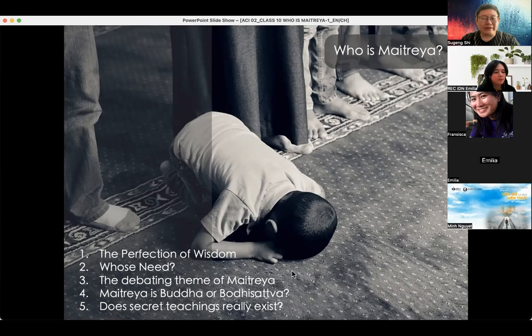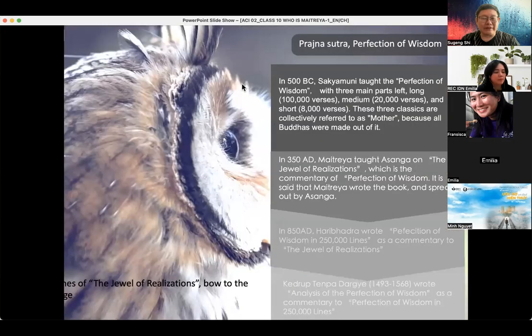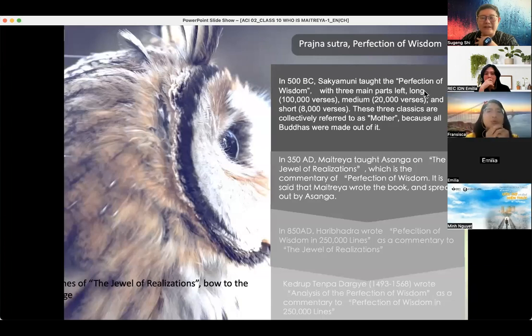Okay. So as we know, this book, The Perfection of Wisdom, was taught by Buddha Sakyamuni 2,500 years ago, right? And there are many, many parts. These are the three main parts: the long, the medium, and the short. The long consists of 100,000 verses, very, very long, and then the medium and the short.